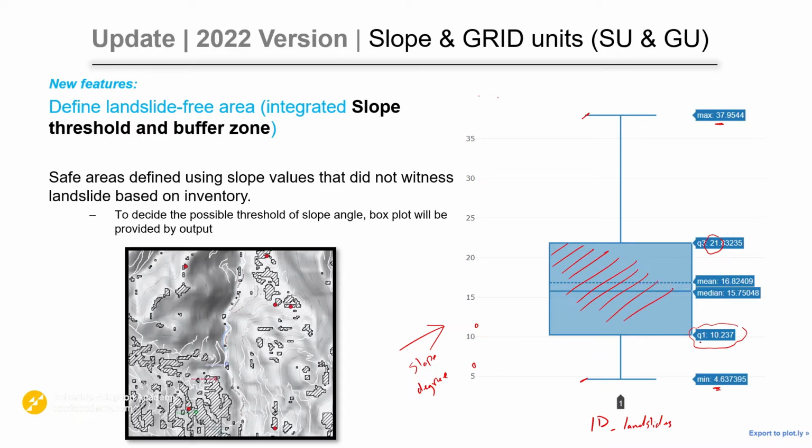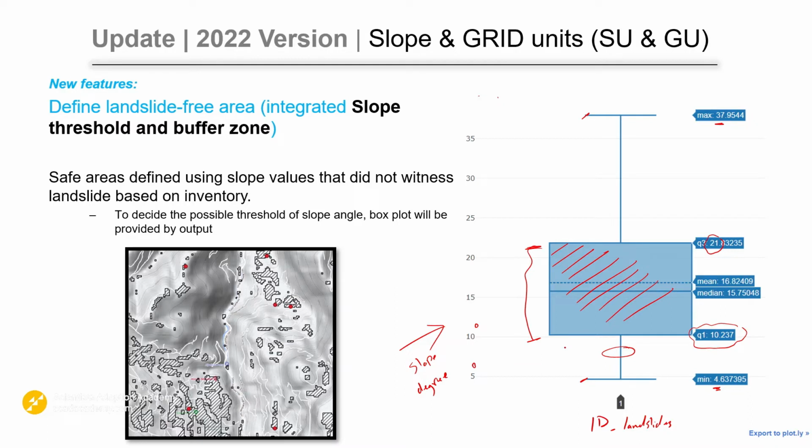Before 10 we have a very low amount of points. If you see here, the major part of the points are accumulated from 10 to 20 slope values with a mean of 16.